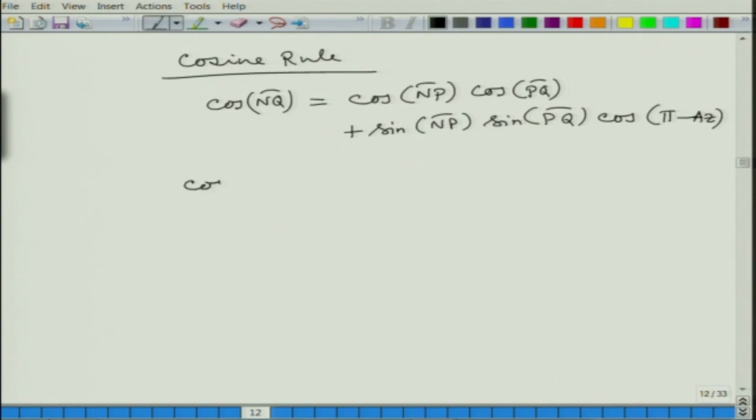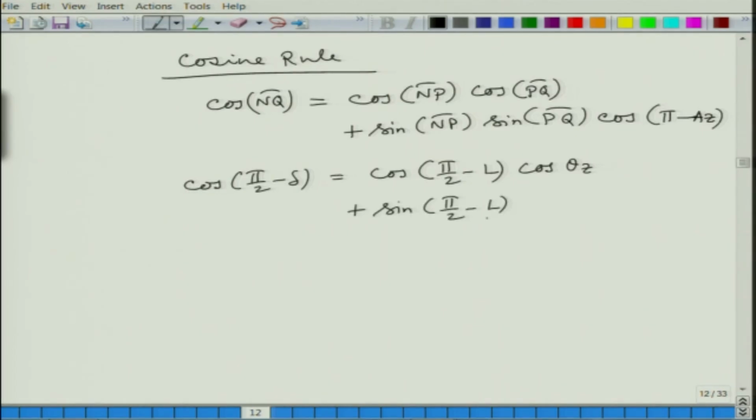Now, if we substitute these values, cos of pi by 2 minus L, latitude, cos of zenith angle theta z, plus sine of pi by 2 minus L and sine theta z cos of pi minus Az, the solar azimuth angle.